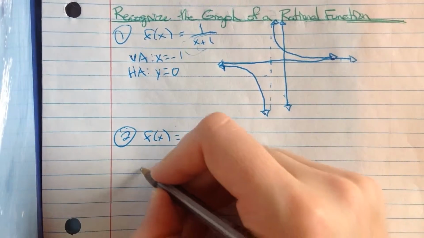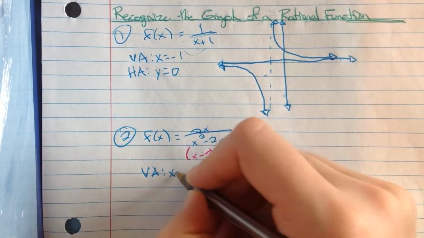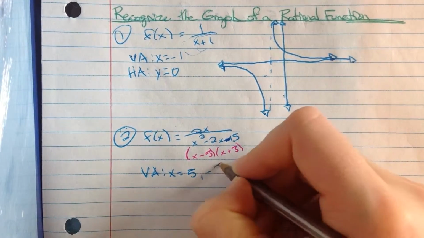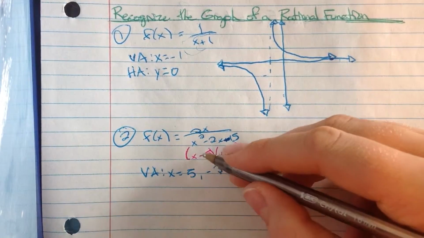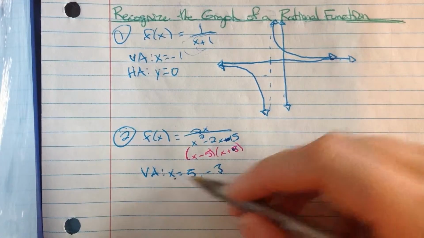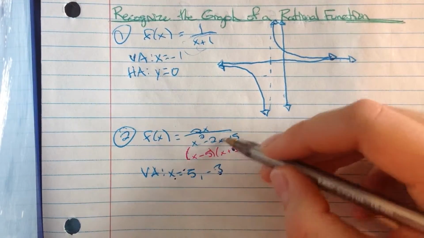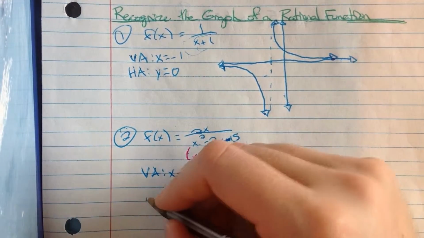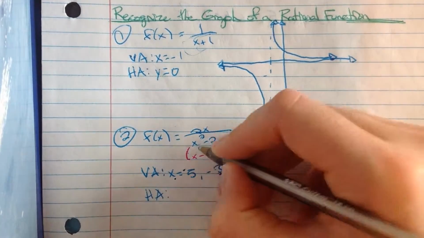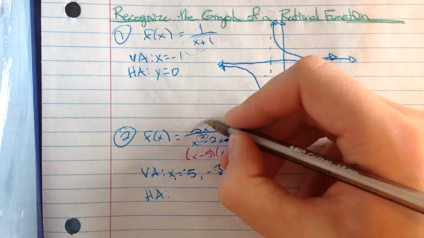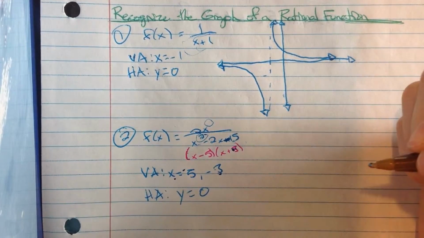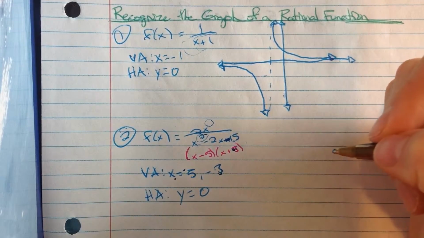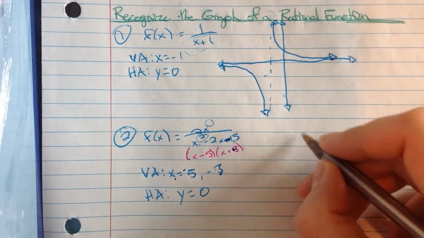Therefore, we have vertical asymptotes at x equals 5 and x equals -3, because if we set this equal to 0, we'll get -3. If we set this equal to 0, we'll get 5. These are the two spots that make this a divide by 0. Horizontal asymptote, well, the degree of the denominator is bigger than the degree of the numerator. Therefore, y equals 0 is the horizontal asymptote.